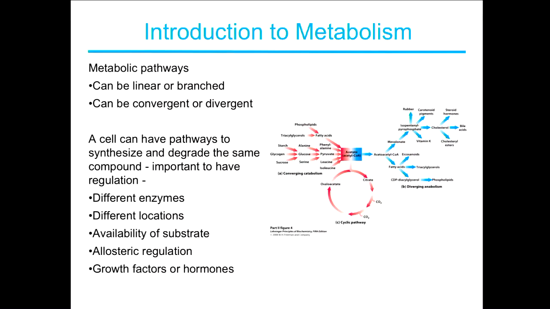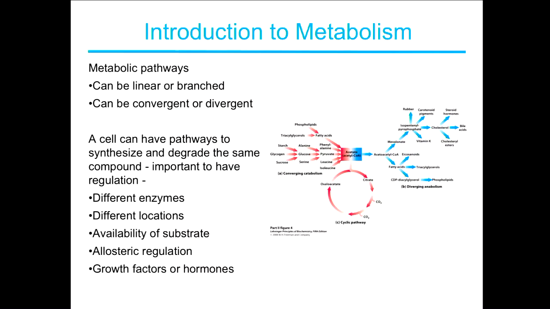You also have different locations, right? You have different cell types, again. You have different parts of the cell. Remember way back in that first introductory chapter, we talked a little bit about this idea that you have different organelles in eukaryotes. And even in bacteria, you have different regions of the cell.